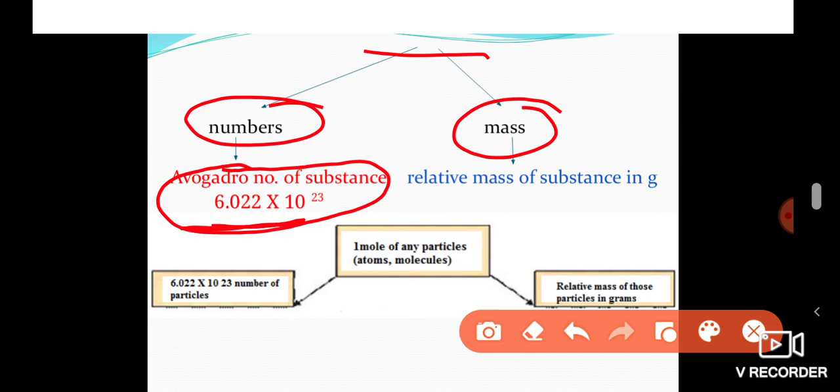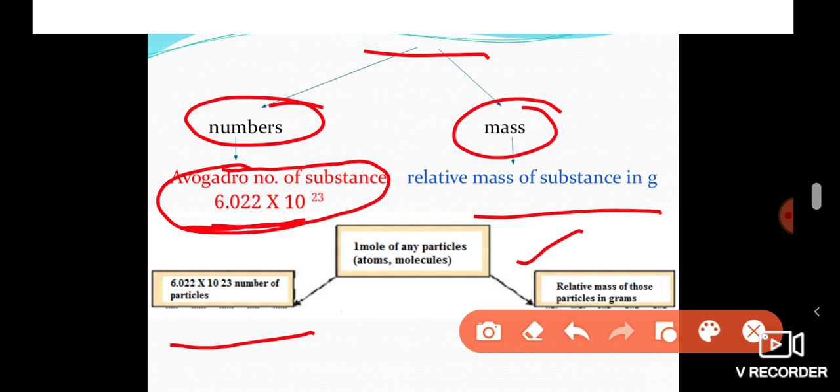It is equal to the relative mass of the substance in grams. See that in your book, you may see that picture. 1 mole of any substance, atoms or molecules, contains 6.022 into 10 power 23 particles. Like that, how many grams does it contain? The relative mass of those particles in grams.